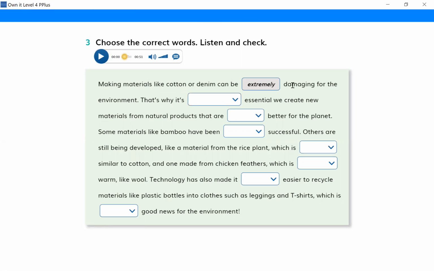Okay, because it's a strong adjective before which we use the modifier extremely. And in that group, there's absolutely, totally, extremely, and so. Making materials like cotton or denim can be extremely damaging for the environment. That's why it is absolutely or far. Here it is absolutely.